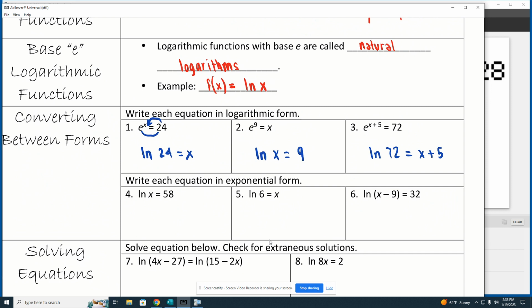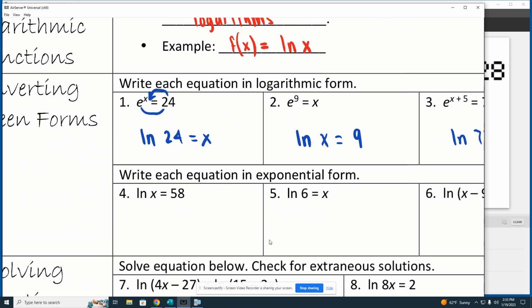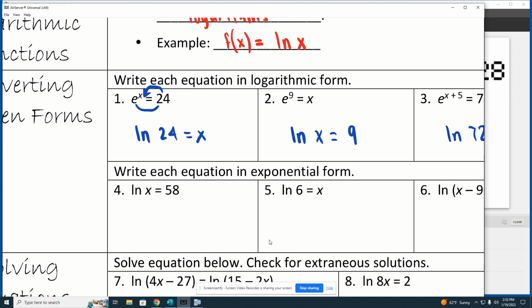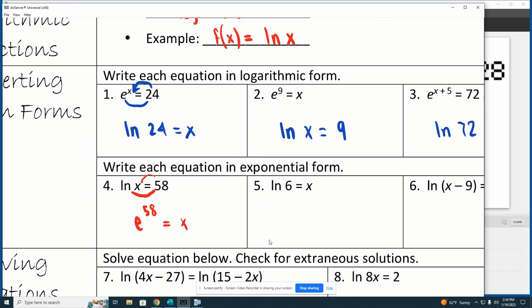So if we go the opposite direction and we have ln of x, again, remember, it's understood to be base e. So when I write this as an exponent, it's e to the 58th power equals x. See, I did the same loop that I did last week and we continue to do now. Look, number 5, natural log, ln of 6 equals x. If I want to rewrite that as an exponent, it's understood to be base e to the x power equals 6.